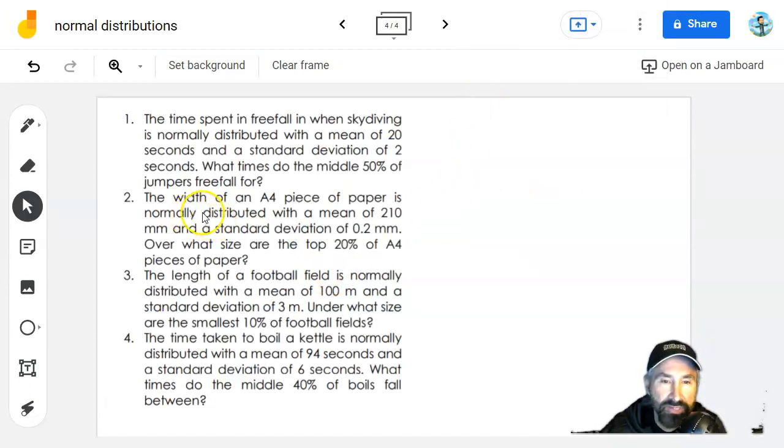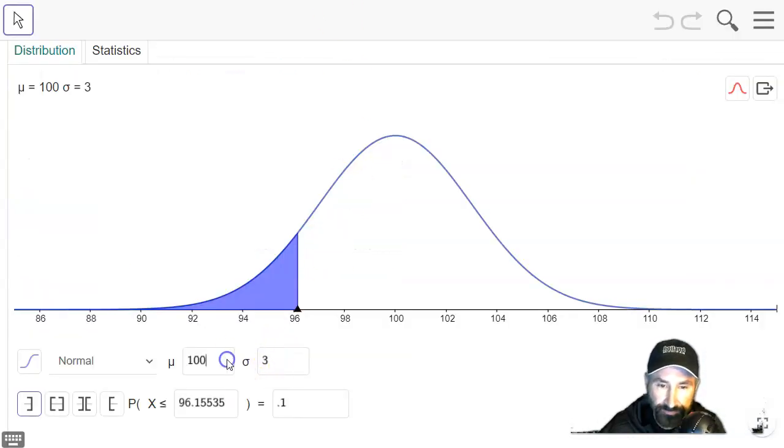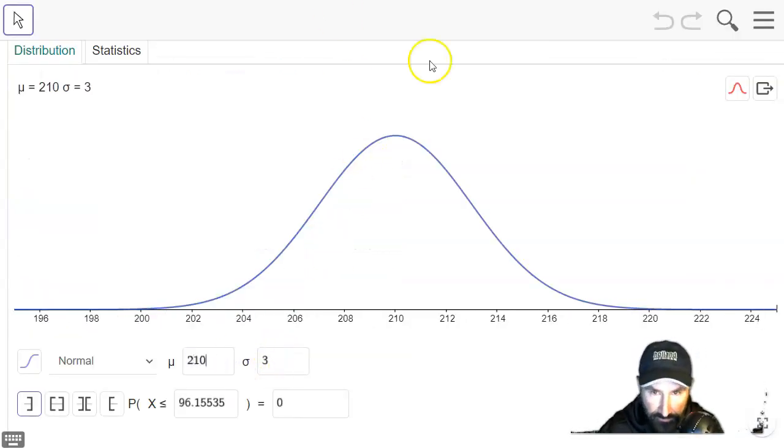So here they're saying that when you go to buy this paper, the width of the paper has a mean of 210 millimeters, and the standard deviation is 0.2 millimeters. So what size are the top 20%? So let's try 210. That's the mean.